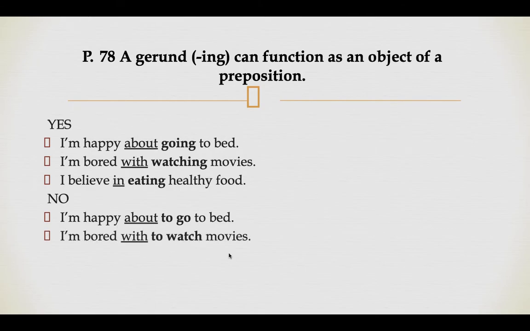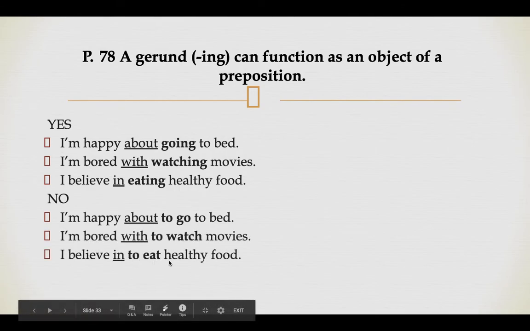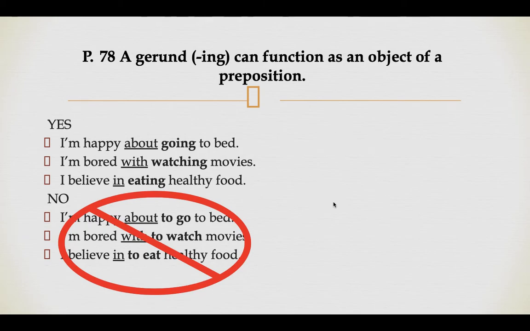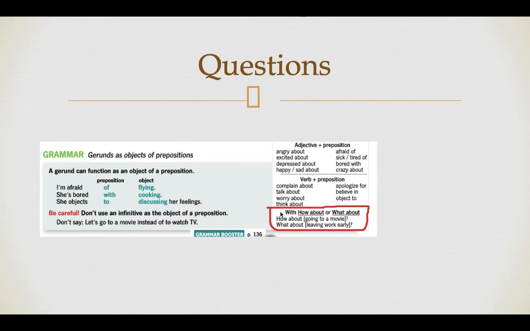I'm bored with to watch movies. I believe in to eat healthy food. These are wrong. Don't use the infinitive. Okay, you can also make some questions. How about going to a movie? How about leaving work early? Those are okay too. Just look for these prepositions.